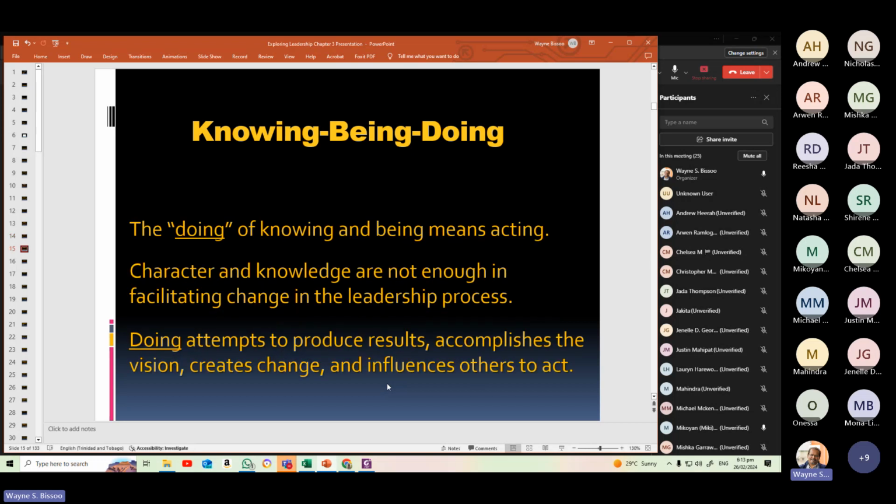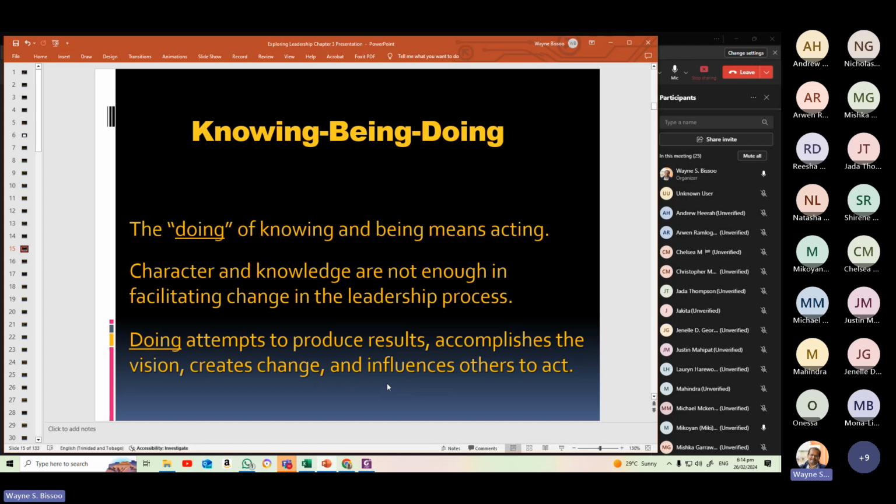All right, the doing element, of course, is acting on your knowing and being, which is you have to work at getting what is necessary done. You have to accomplish that vision that we talked about, the purpose of the organization that you're getting into.